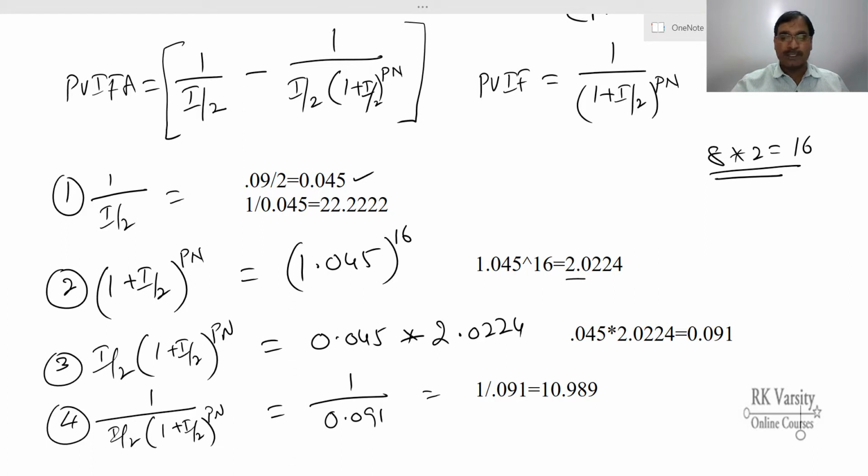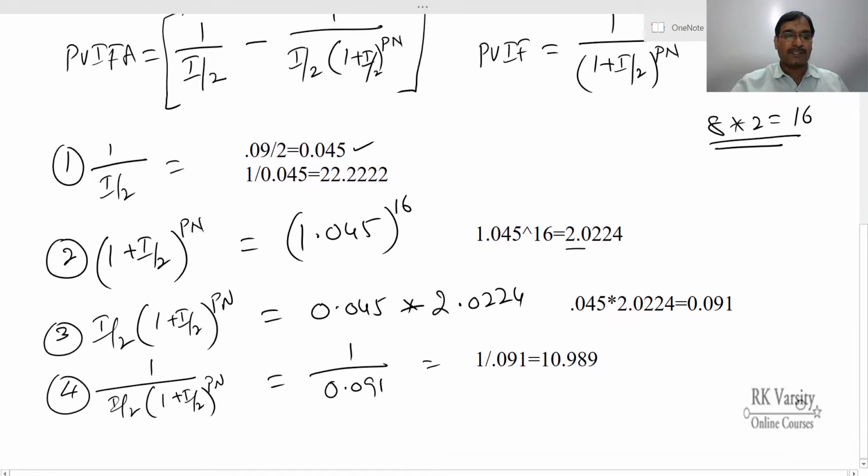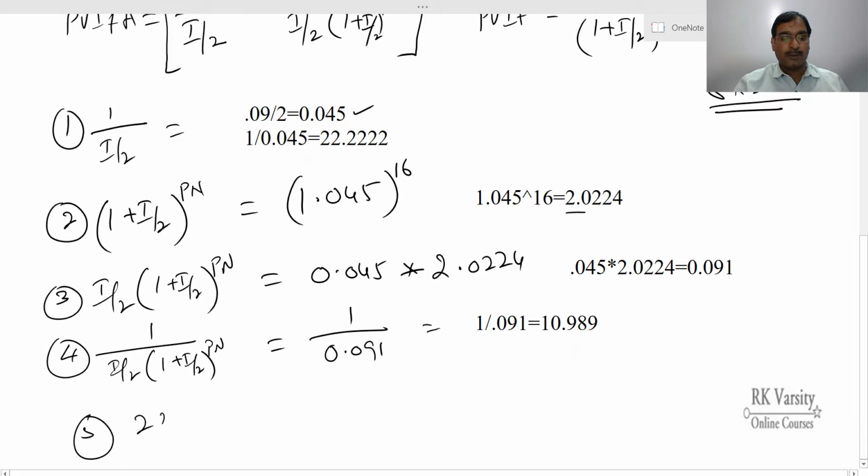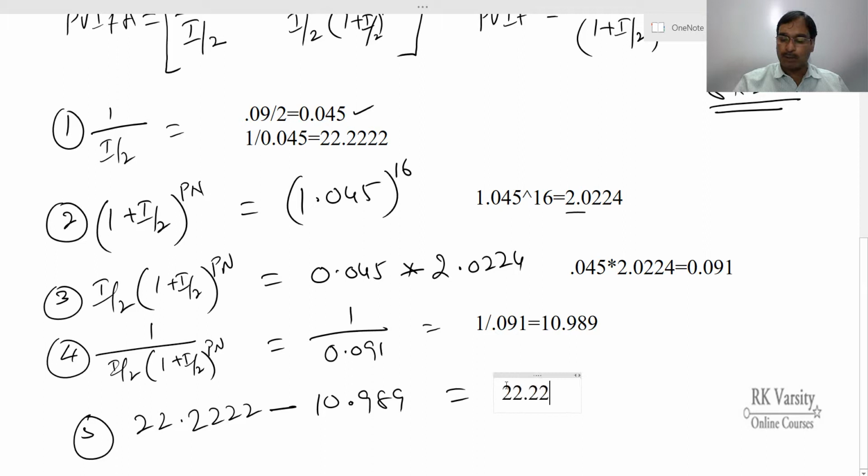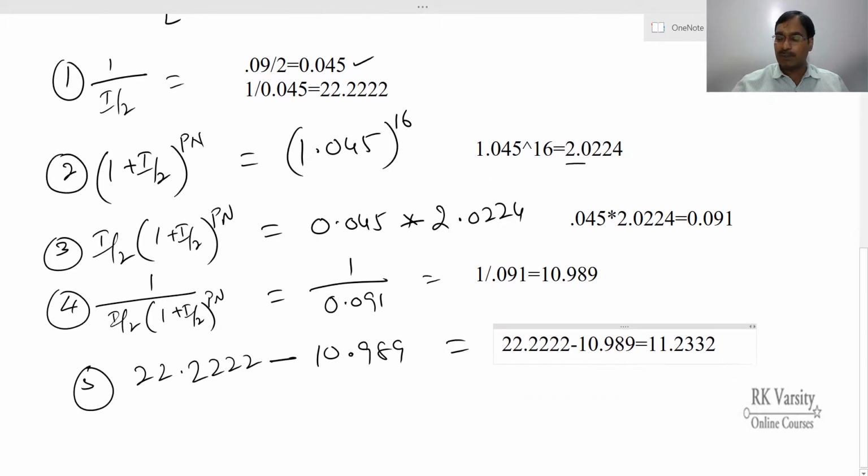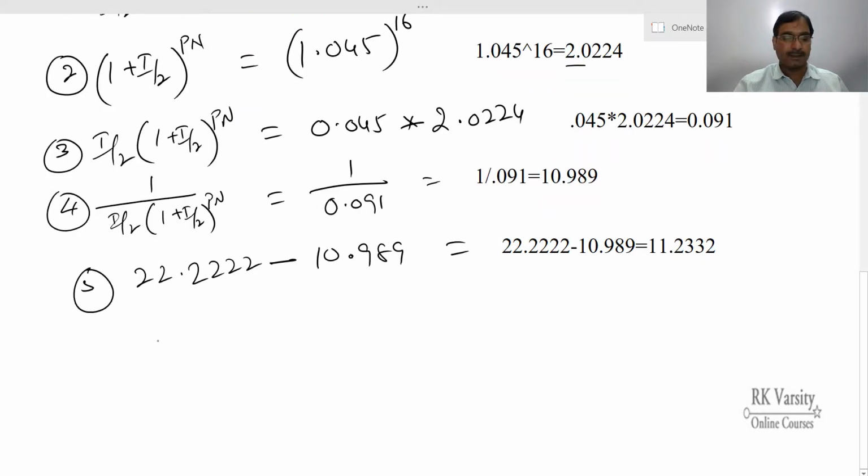Finally we deduct this from the first value: 22.2222 minus 10.989. So 11.2332 is your present value interest factor of annuity.